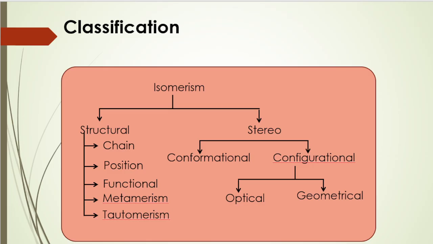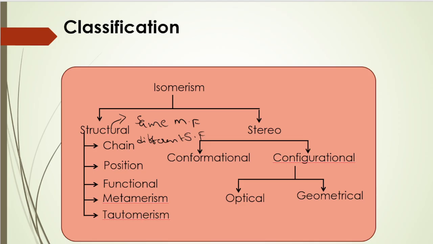Isomerism is mainly of two types: structural isomerism and stereoisomerism. Structural isomerism means having the same molecular formula but different structural formula.